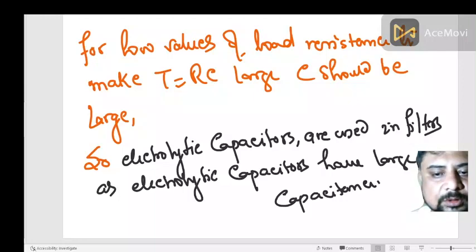Their capacitance value is very high, so these capacitors are used. However, there are some problems that may arise due to large capacitance, which we will discuss sometime later. At this moment it is not required. The main effect is the heating effect, and there are methods to get rid of it. So we will move to our next question.